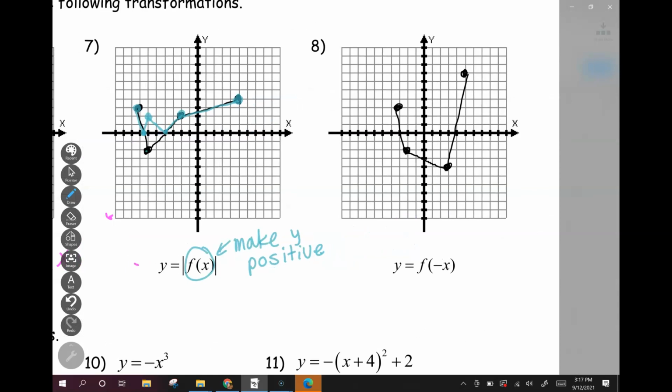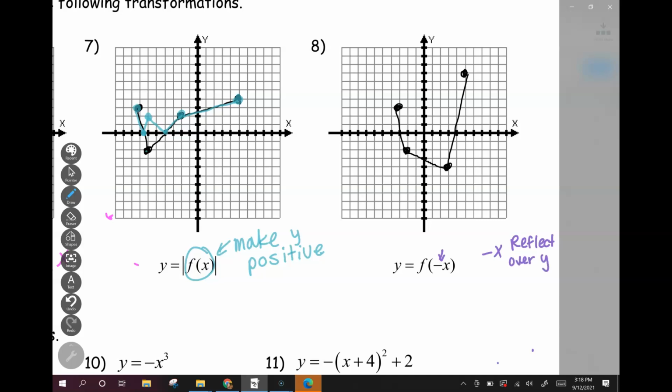Number 8, got a negative on the inside with the x, so it's going to affect x. You're literally going to do negative x. Take your x values, multiply them by negative 1. That's going to reflect over the y-axis.